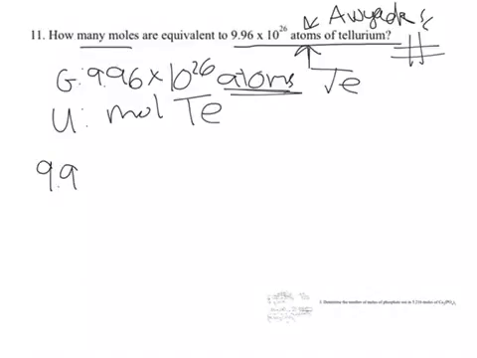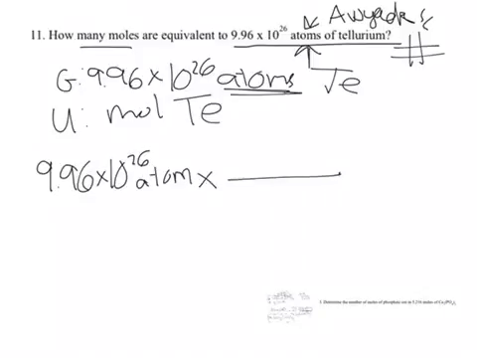Set up your dimensional analysis with your given first, your multiplication sign, and your line. The unit you are trying to get rid of goes on the bottom. So this time, because we're getting rid of atoms, our Avogadro's number is going to go at the bottom. The unit that we want is moles. That's going to go at the top.